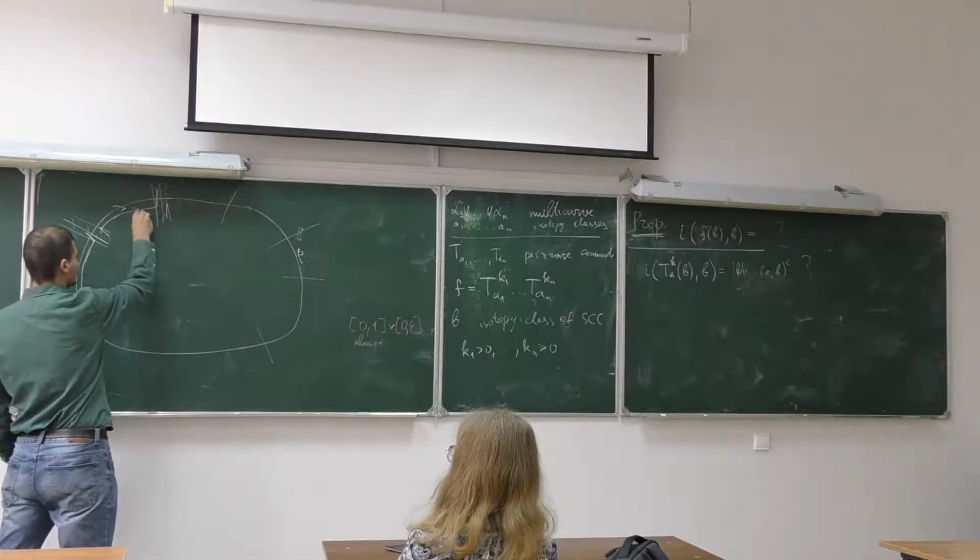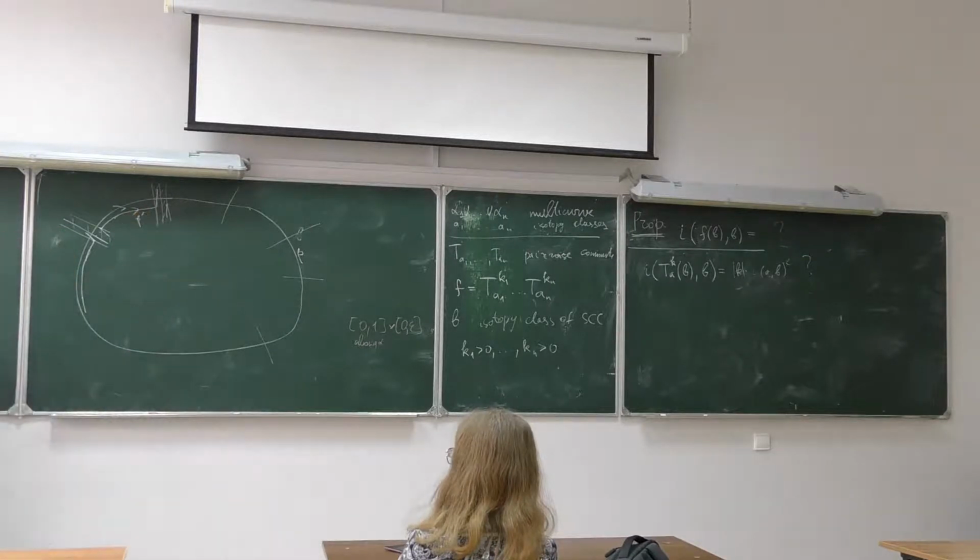This is beta prime. Let us compute the number of crossings of beta prime with beta.